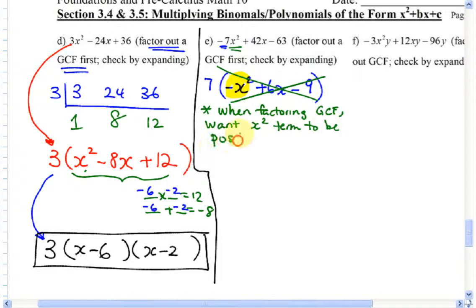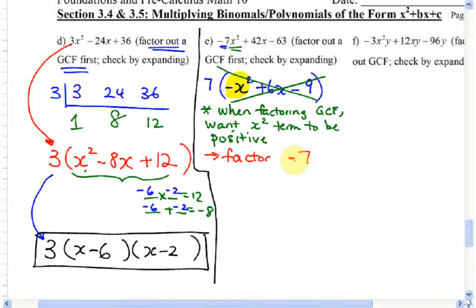It just makes life much easier, okay? So because of that, I don't want you to factor out 7. I want you, in this case, to factor out not 7, but actually -7.